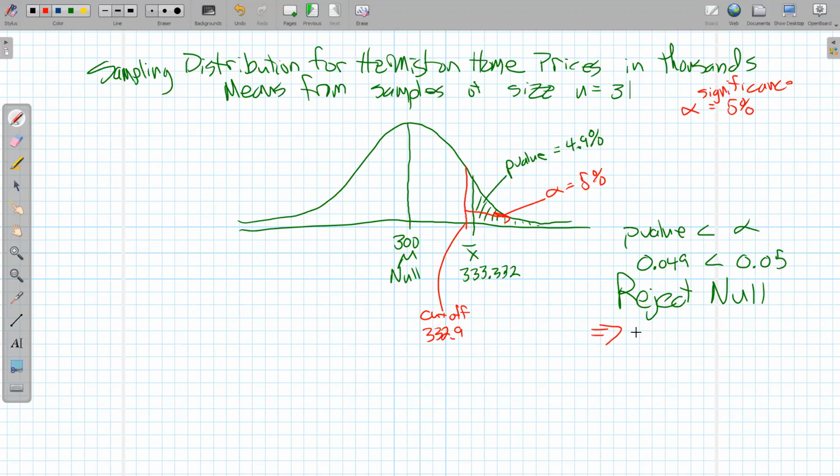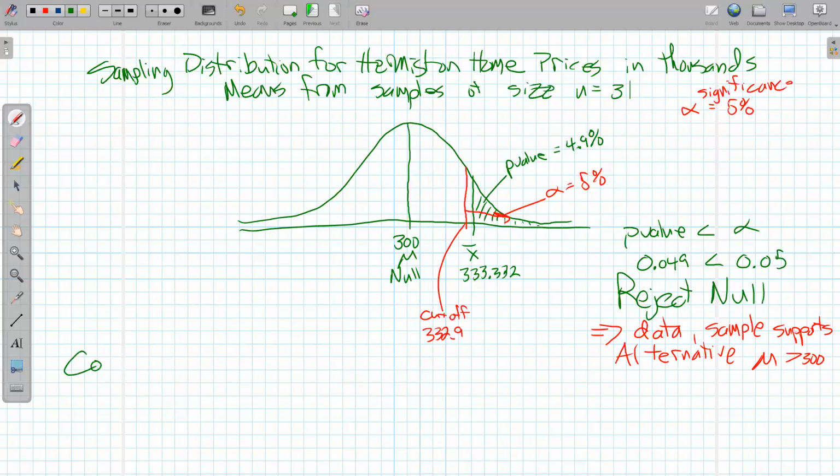Rejecting the null implies that the data, the sample, supports the alternative. What was the alternative? The alternative was that the mean was greater than 300,000. So next I just state that in plain language.